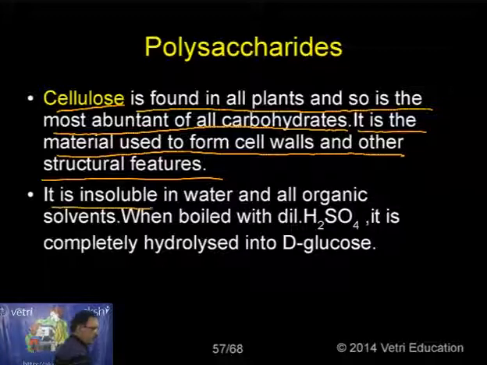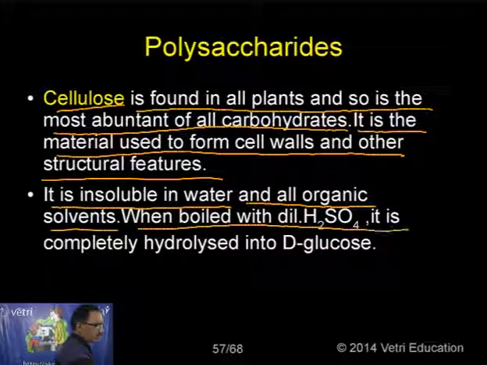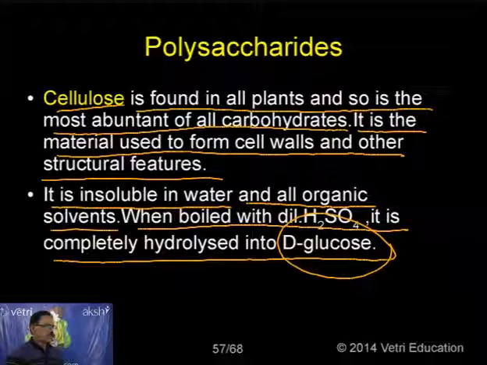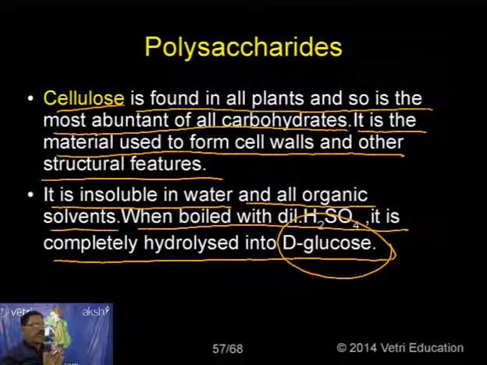It is insoluble in water and all organic solvents. When boiled with dilute sulfuric acid, it is completely hydrolyzed into D-glucose. Very interesting. From cellulose, on hydrolysis with dilute sulfuric acid, the ultimate product will be D-glucose.